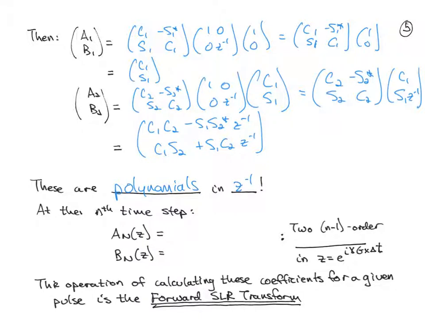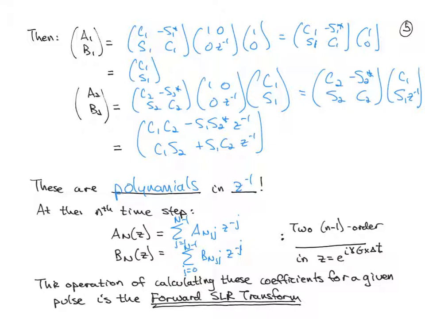And if we move this forward in time, at the nth time step, what we'll have is the sum over j equals 0 to n minus 1 of a sub n j z to the minus j, and the b sub n polynomial will be of the form sum over j equals 0 to n minus 1 of b sub n comma j z to the minus j.